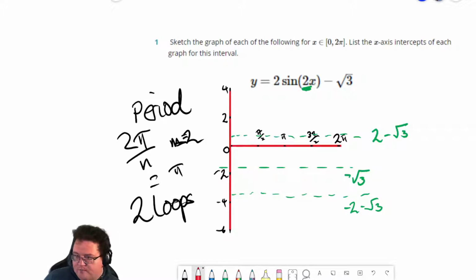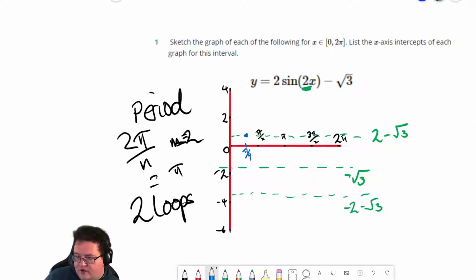And so inside one single loop, it is going to complete a full up and down rotation. So in this case here, it's going to peak at pi on 4, because it's halfway between 0 and pi on 2.